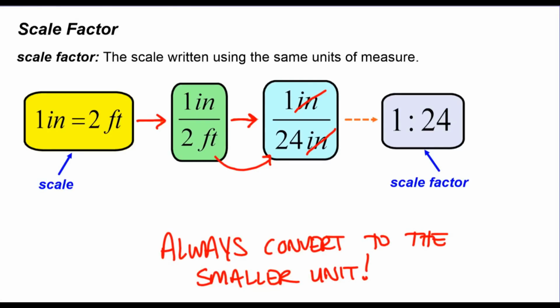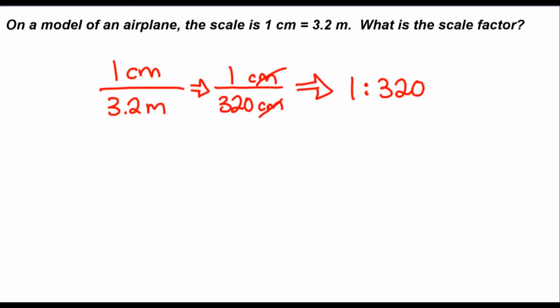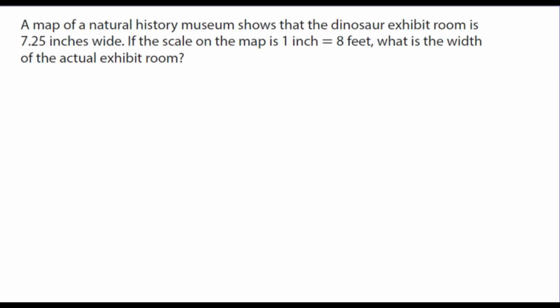So in this first example, we converted to inches because inches is smaller than feet. In this example, we converted to centimeters because centimeters was smaller than meters. That's always going to give you a better scale factor, a scale factor that you don't have to do any additional adjusting on. So how do we apply this to solve actual problems involving scales, or how do we use a scale or a scale factor?